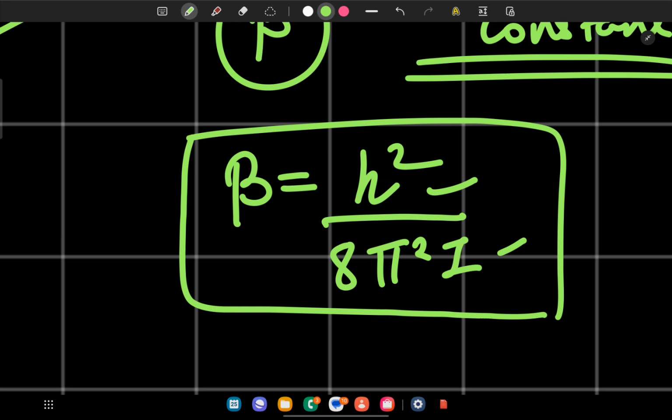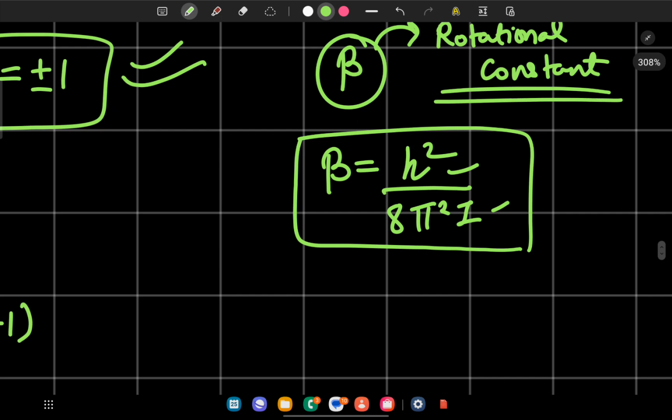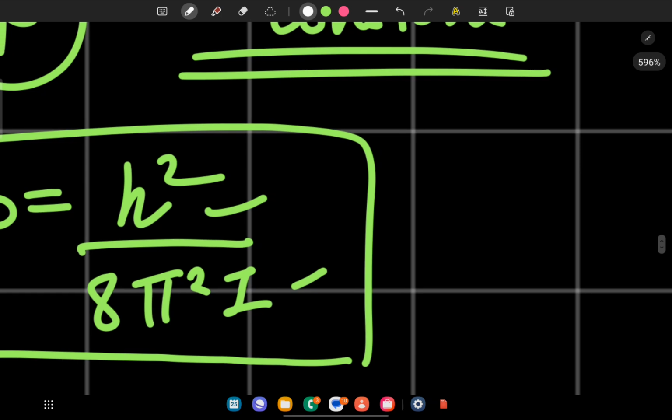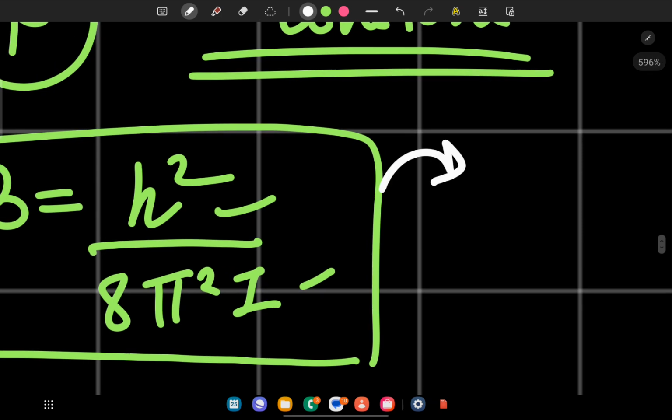Now let us figure out some relationship out of this equation. What is the unit for the rotational constant? If it is written in this form, it will give me the data in joules.